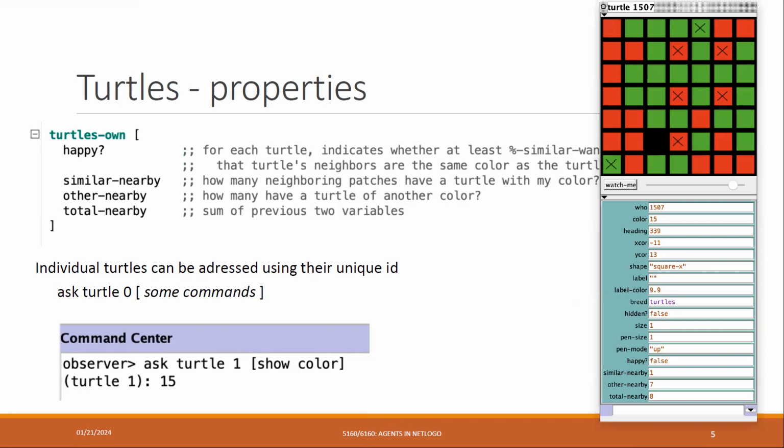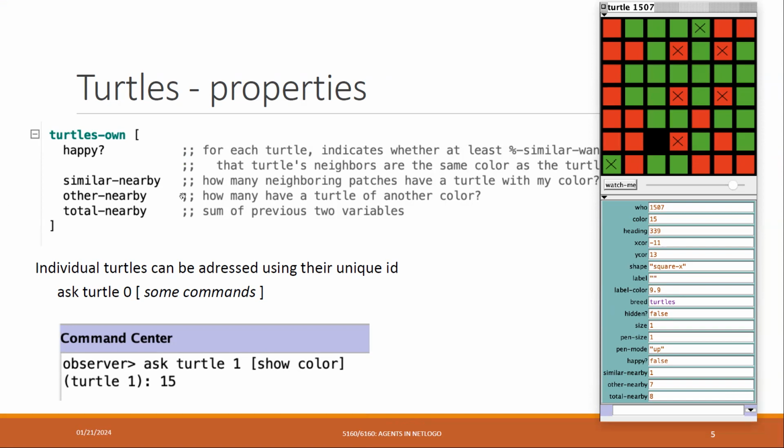Okay, and of course like I said, you can also make up the properties, and you can just give them their own properties this way. Last time we looked over how to make own properties inside of each patch, right? But here, if you want to make the properties on the turtle, then you can make a command like turtles-own, and in the brackets you can put the variable names that you want to make.